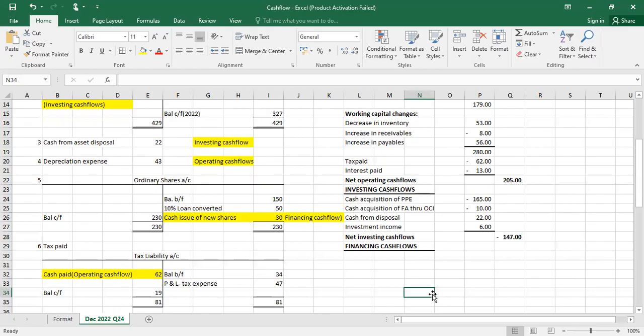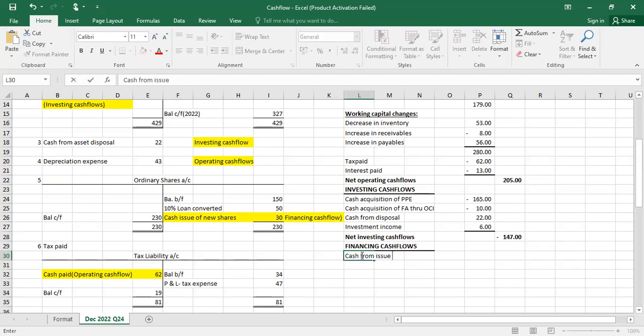Any cash flow to do with raising finance, maybe through borrowing, through issue of shares, and so on and so forth. And then all cash flows to do with, of course, rewarding the providers of finances through something like dividends, or loan repayment.